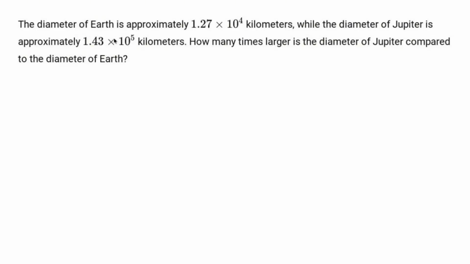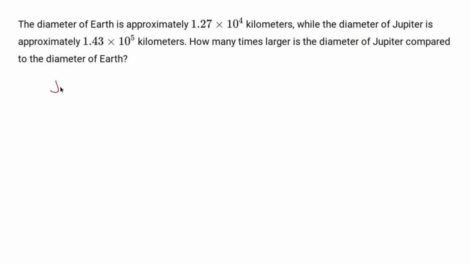The diameter of Earth is approximately 1.27 times 10 to the fourth kilometers, while the diameter of Jupiter is approximately 1.43 times 10 to the fifth kilometers. How many times larger is the diameter of Jupiter compared to the diameter of Earth? We need to find out how many times bigger Jupiter is than Earth.